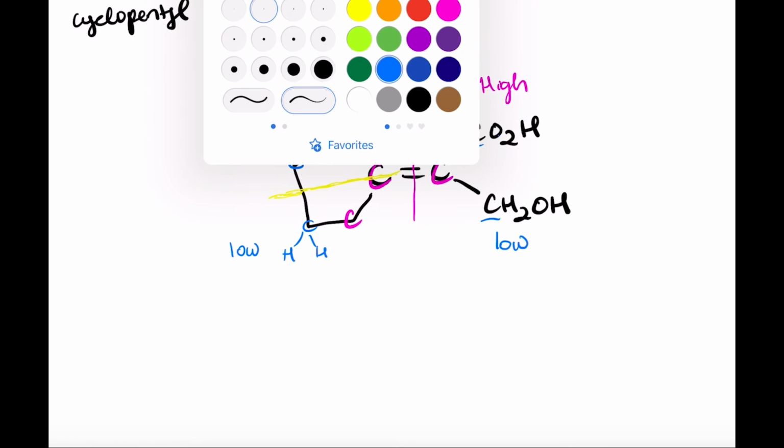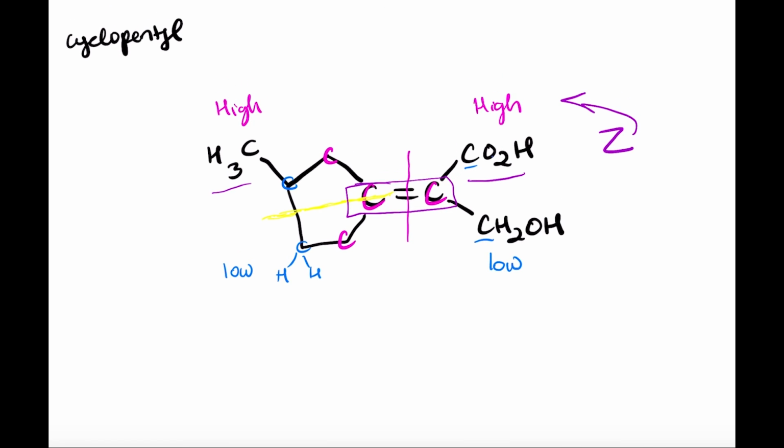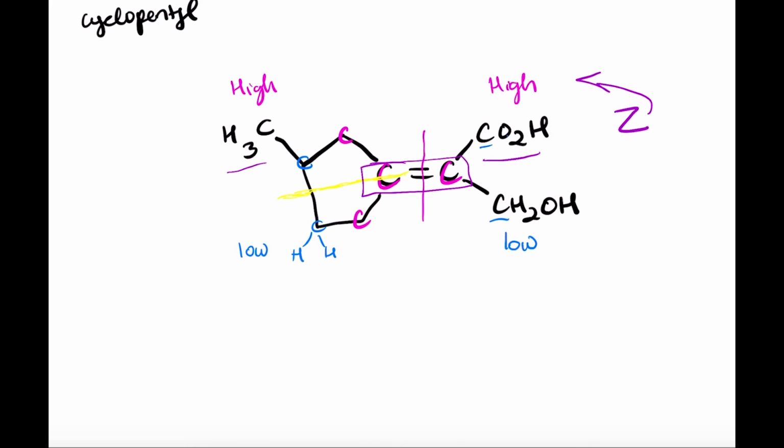This would be our Z configuration because you have higher priority groups on the same side of the double bond. See, this is a higher priority group on the same side of this double bond here. So this is a Z configuration because you have higher priority groups on the same side of the double bond.